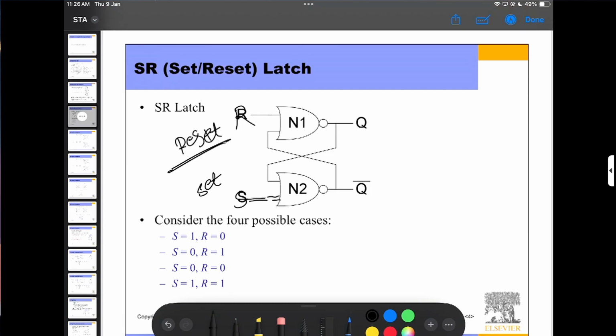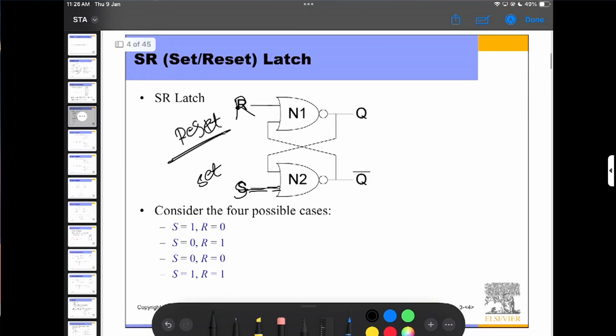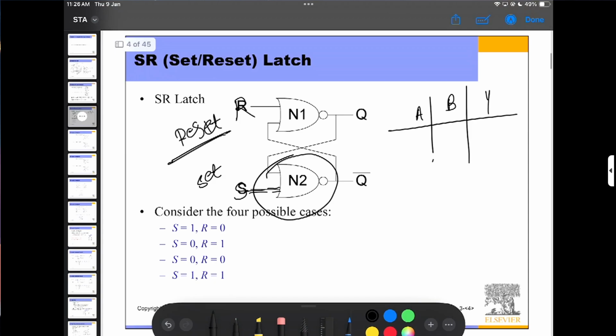Here is a NOR gate, sorry, not an OR gate. Suppose my NOR gate inputs are A, B and the output is Y. Four conditions are possible: 0 0, 0 1, 1 0 and 1 1.